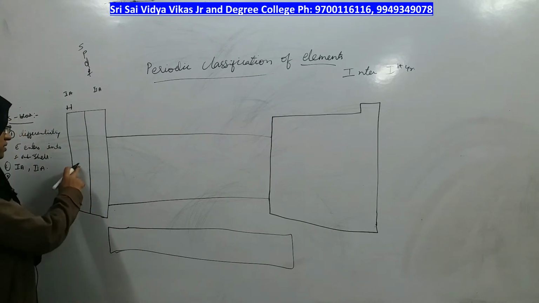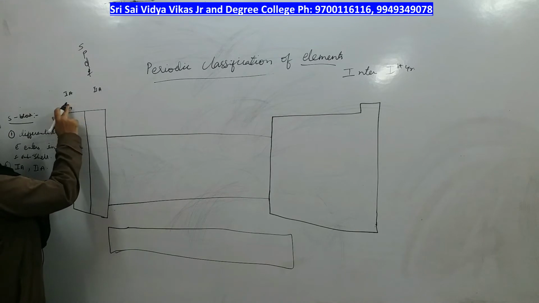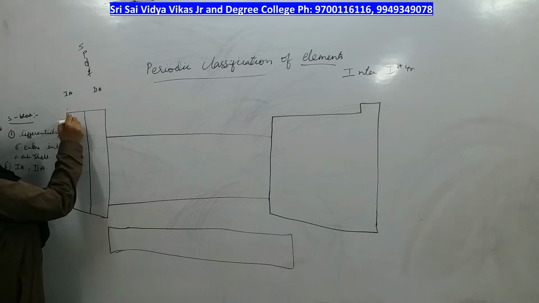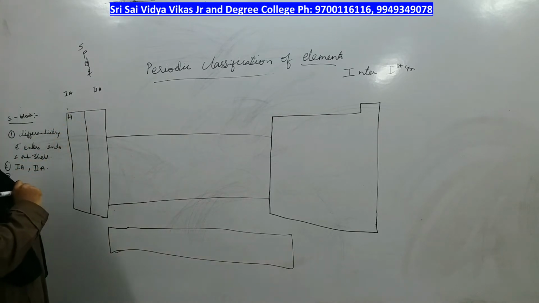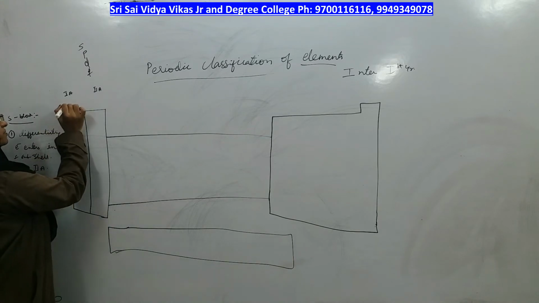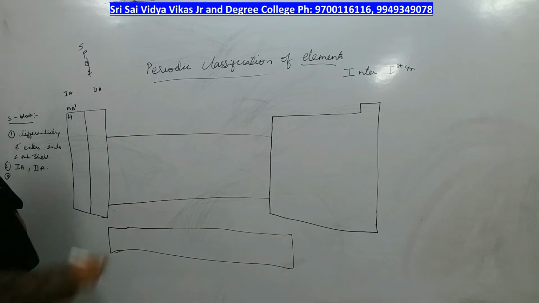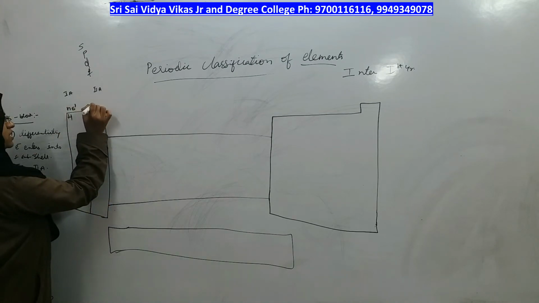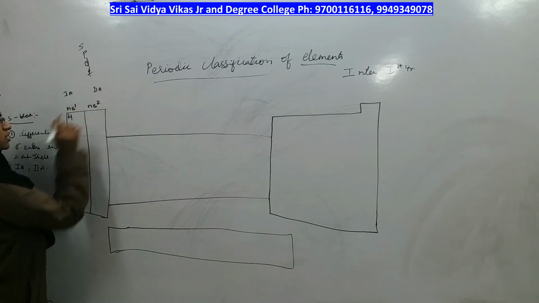There are 2 groups. For first A group, the general electronic configuration is ns1, and for second A group the general electronic configuration is ns2.